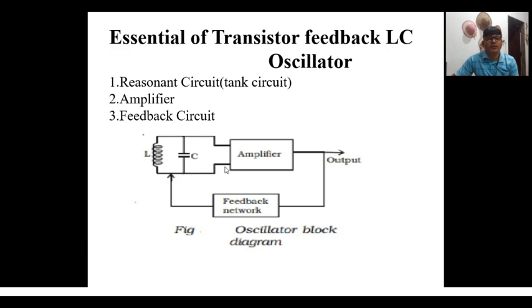First I will explain the tank circuit. It consists of inductance L and capacitance C connected in parallel. The frequency of oscillation in the circuit depends upon the values of L and C. The second part is the transistor amplifier.